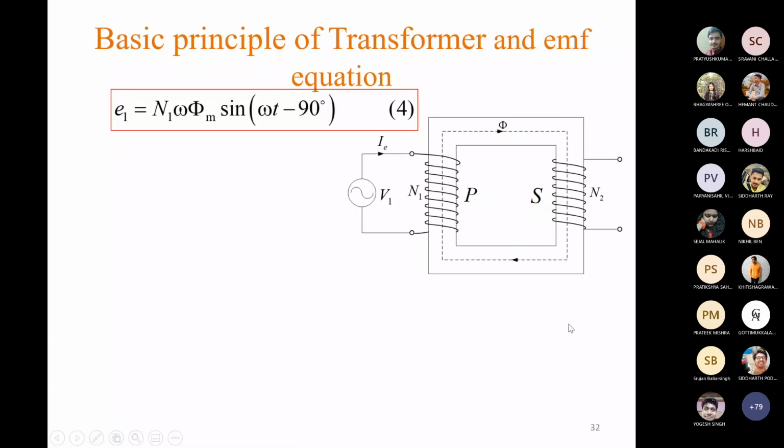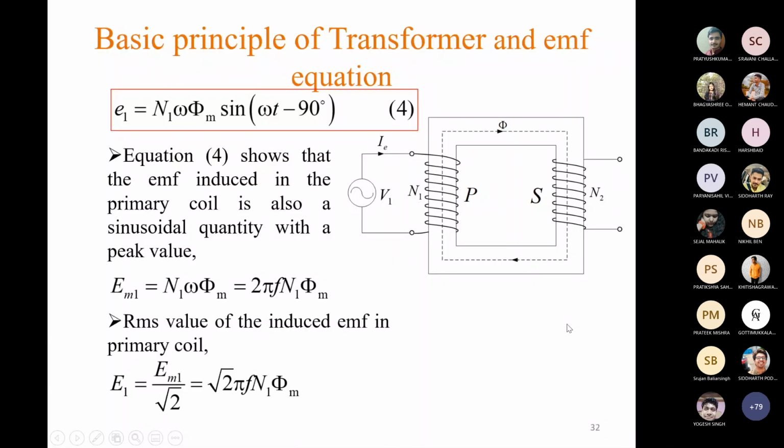Okay. So in our last class, we derived the induced EMF across the primary winding having N1 number of turns, where the mutual flux is phi, whose maximum value is phi m.